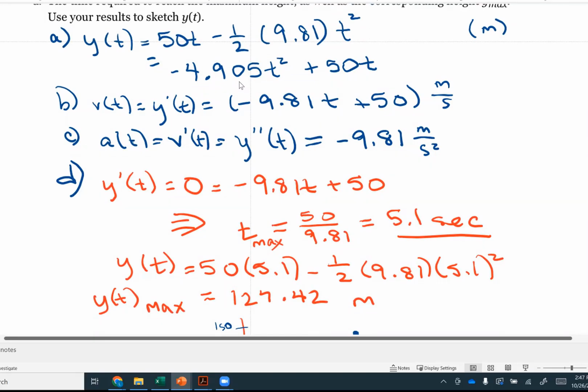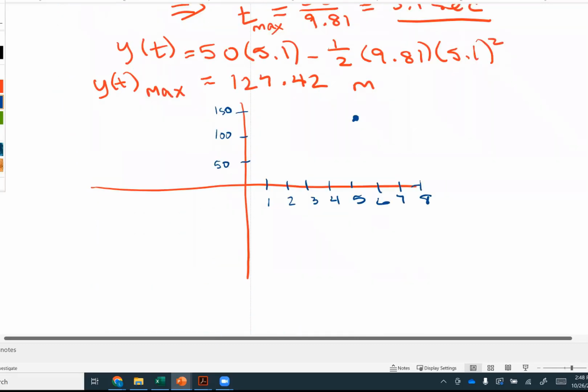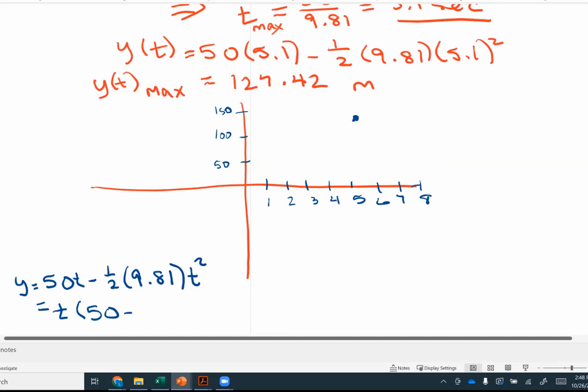I need my zeros. I'm going to go back to the original equation. I have y is equal to 50t minus 4.905 t squared. First thing I'm going to do is I'm going to factor this. And how I can factor it is I can take out a t. When I take out a t, I get 50 minus 4.905 t.